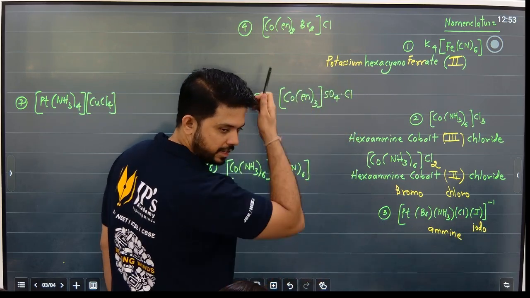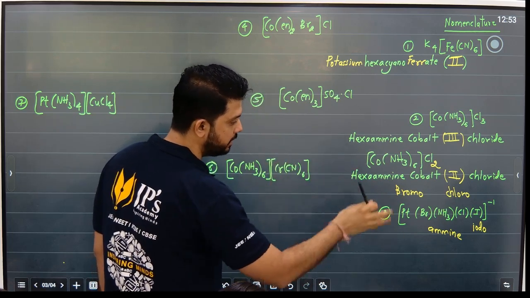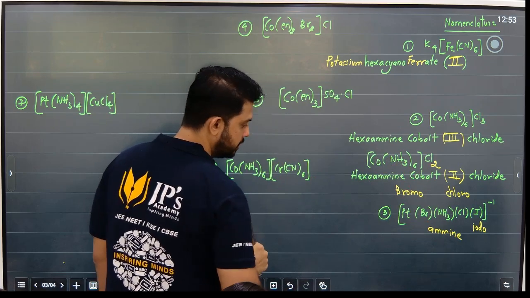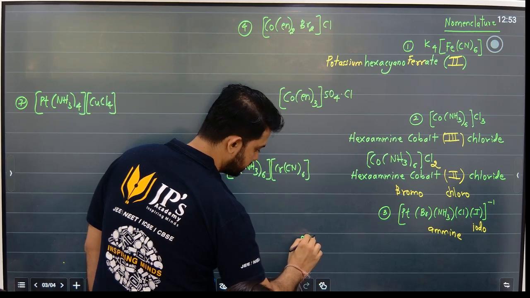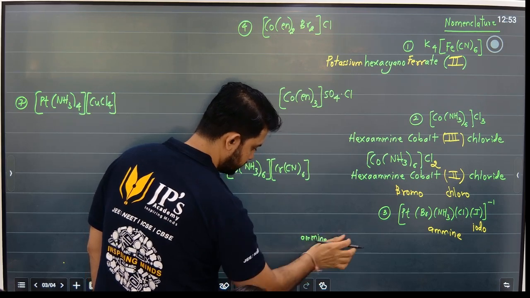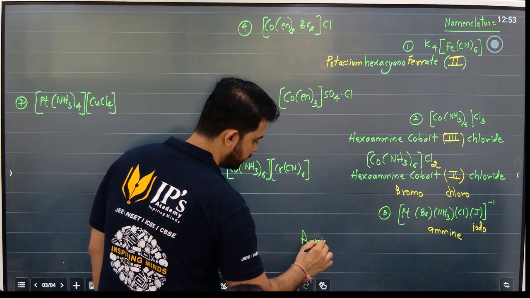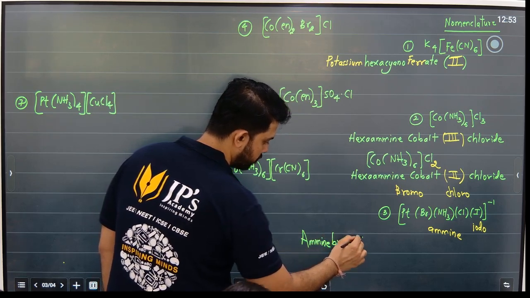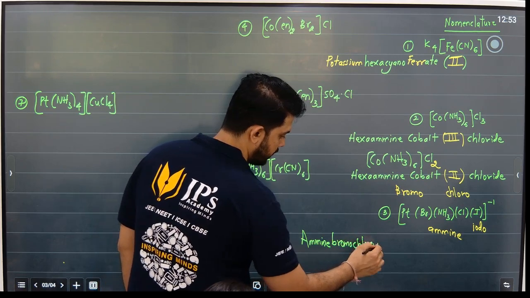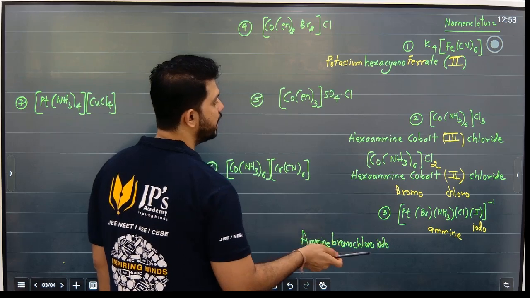In case of such heteroleptic complexes, we follow alphabetical order. What will come first? So you start with ammine, then bromo, chloro, iodo.